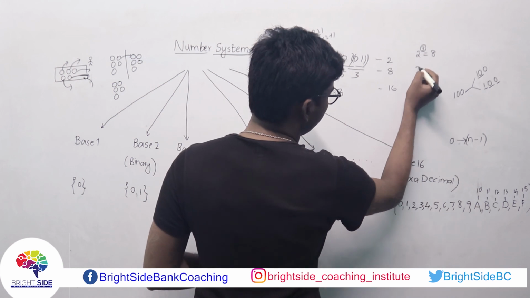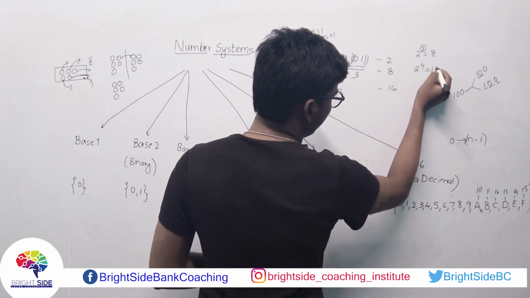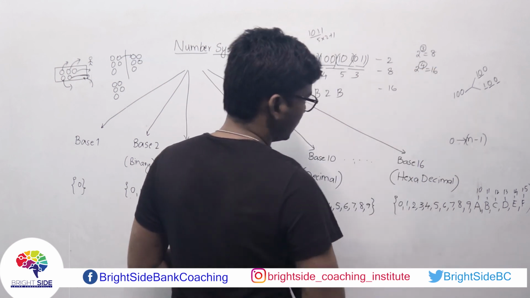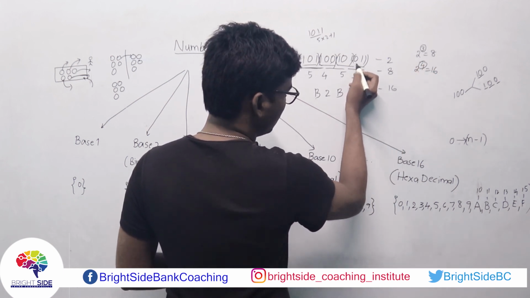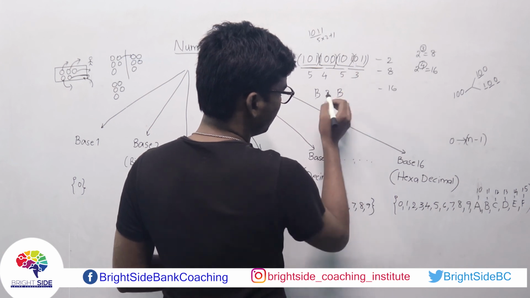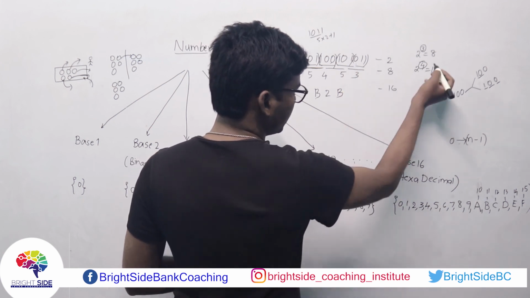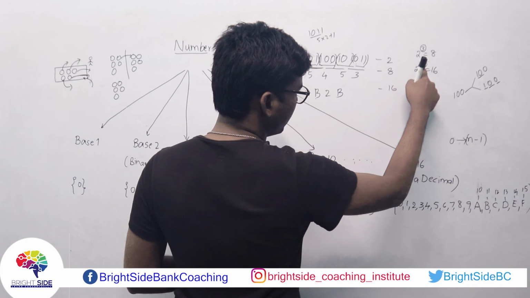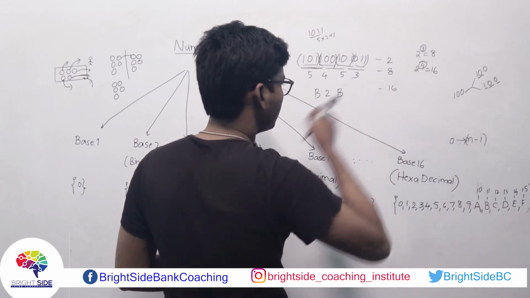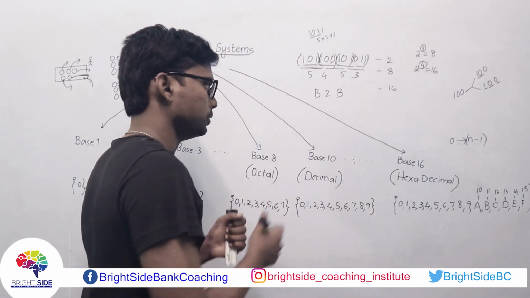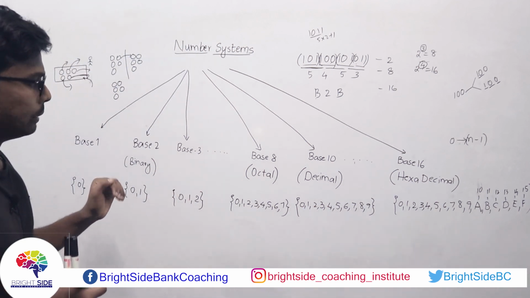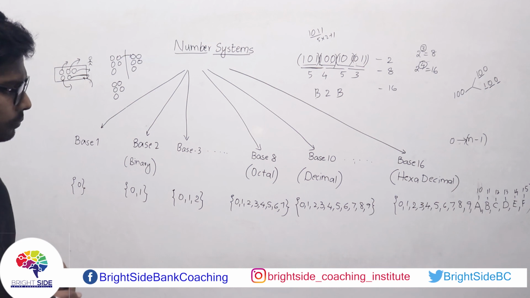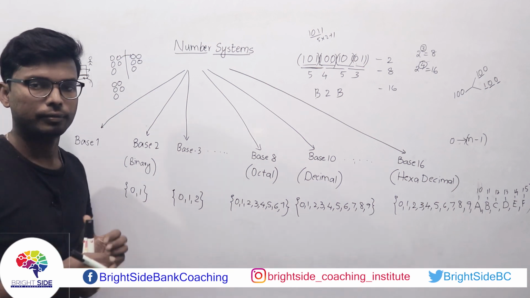If you group 4 bits at a time, then you can convert the binary number into a hexadecimal number. This tells you how many bits you have to group in order to convert into the respective number system. This is the introduction to number systems, and let us now see the classification of number systems.